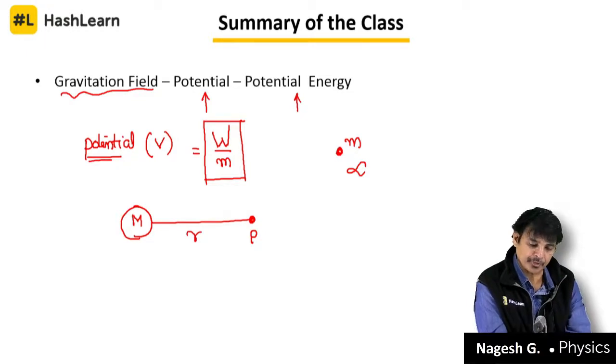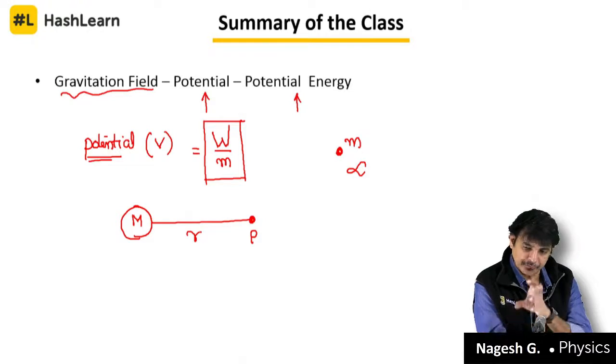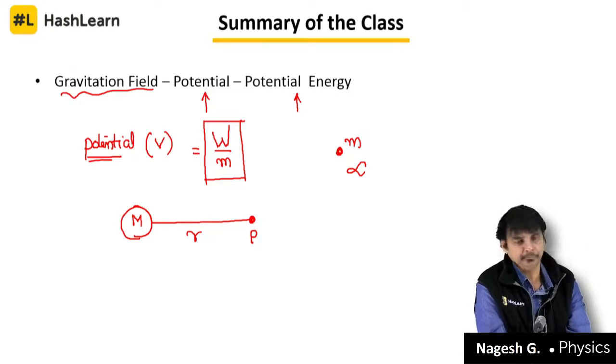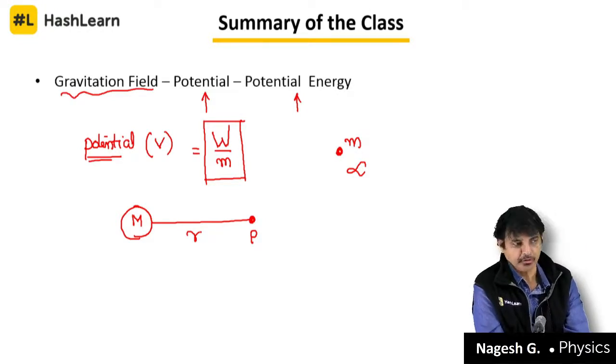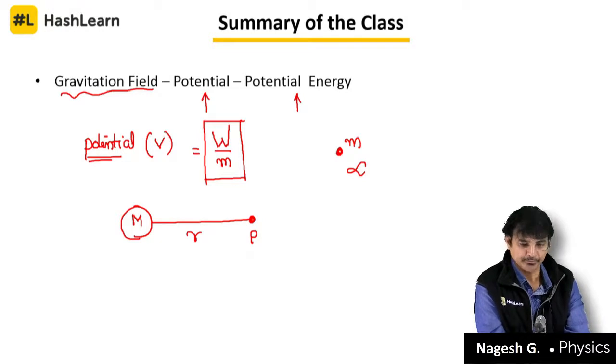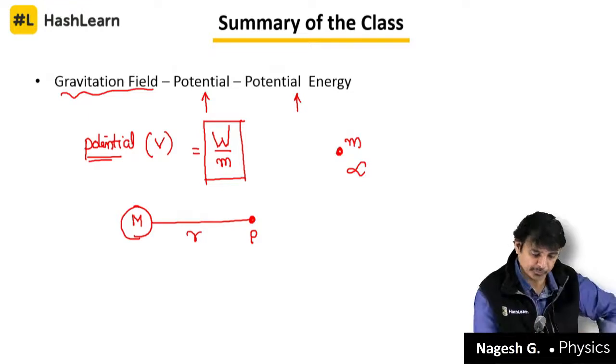What for am I performing the work? To bring that unit mass from infinity up to the point under consideration. Whatever the definition we had, we have given the mathematical representation. V is equal to W by M. Work done is nothing but force into displacement.